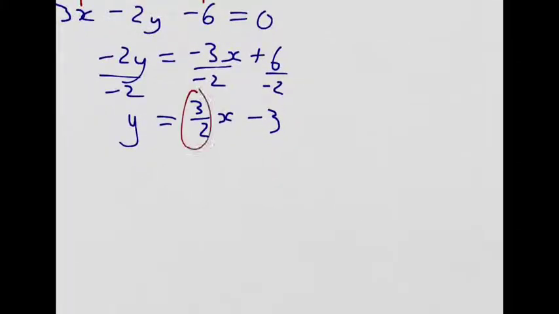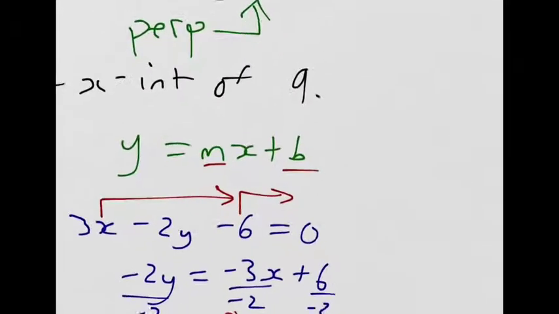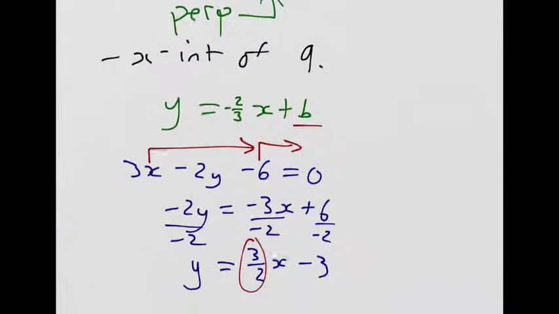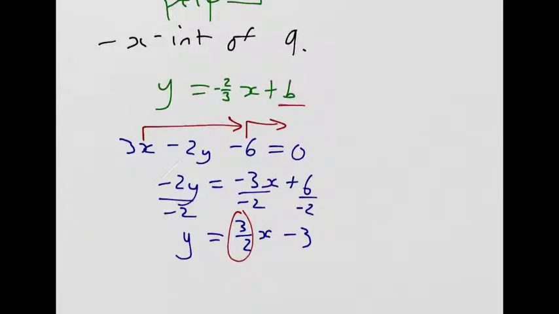So the slope of my new line would be negative 2 over 3. Everybody with me? Okay. Now the y-intercept. Negative 3? That's the y-intercept of the other line, but not the one of the new one I'm creating.